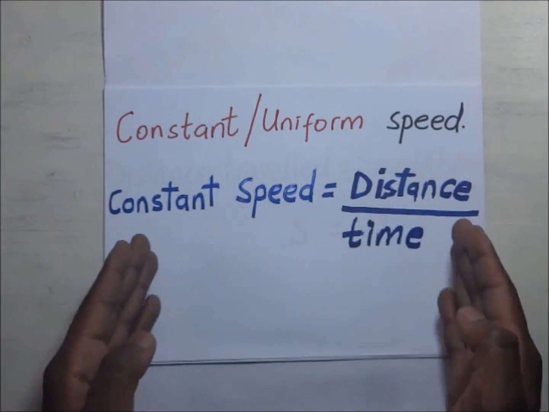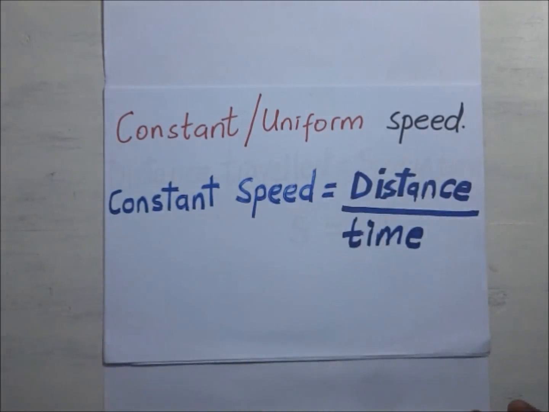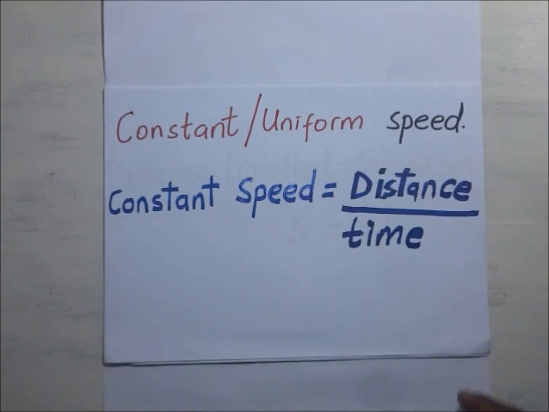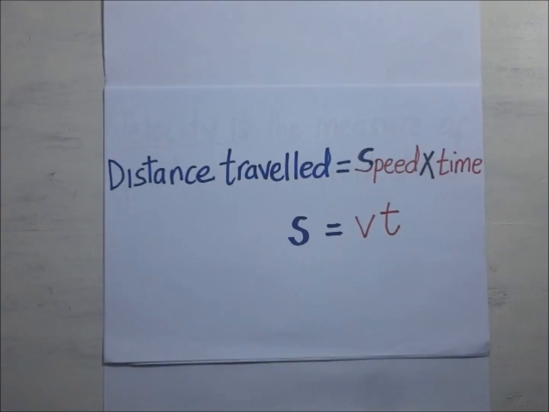And if we are to make this a flat equation, meaning we multiply time on both sides to eliminate this fraction, it's going to become distance traveled is going to be equal to speed times time. So in most of our workings where we will be dealing with motion in a straight line, it is very important that we commit this to memory, that distance traveled is going to be equal to speed times time.